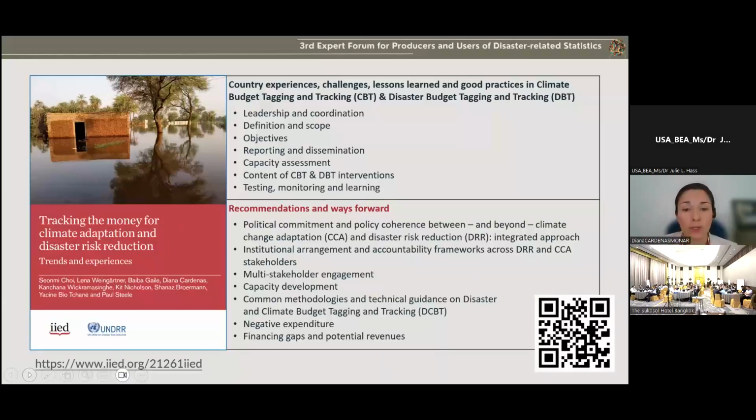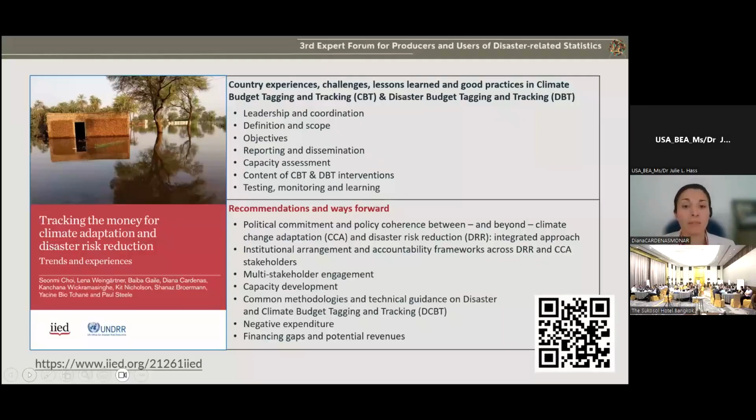Obviously, one very important aspect will be the political commitment and policy coherence between and beyond climate change adaptation and disaster risk reduction. So what we're calling for is an integrated approach. And also, very important is the institutional arrangements and accountability frameworks across DRR and CCA.